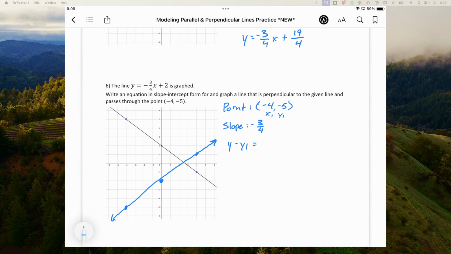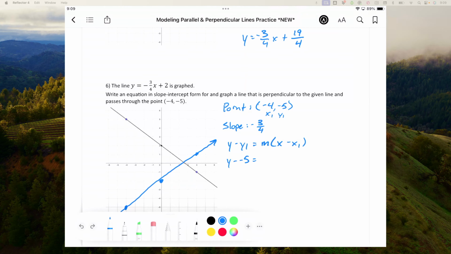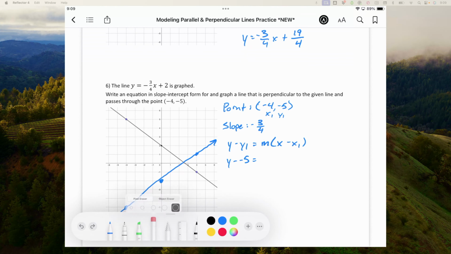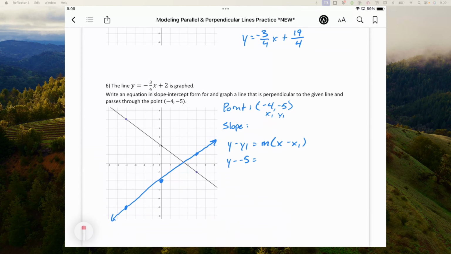y minus y1 is equal to m times x minus x1. Y minus negative 5 is equal to negative 3. No, wait, that's not right. The slope is perpendicular this time, so that needs to be the opposite reciprocal. So opposite is positive, reciprocal is 4 over 3. So 4 over 3 times x minus negative 4.